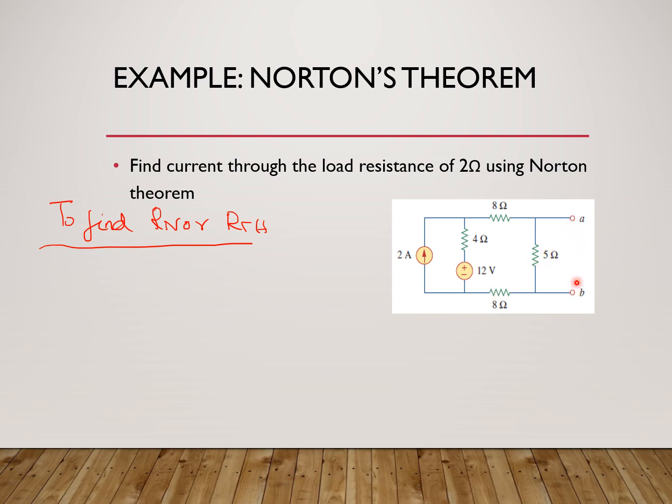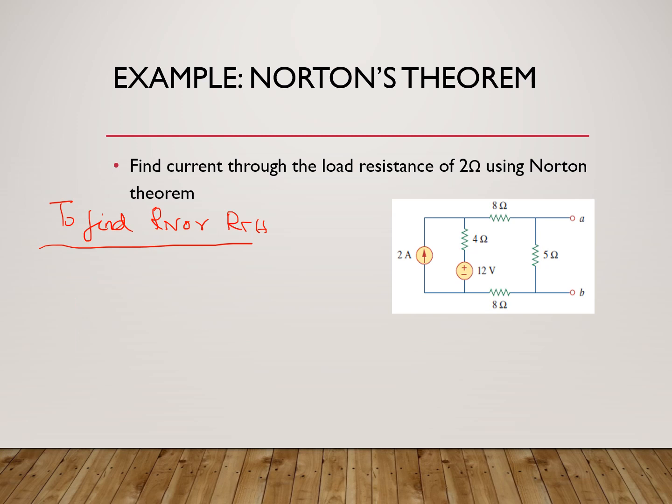These are the load terminals, and here we make all the sources equal to 0. Which means I have to open circuit the current source and short circuit the voltage source, and I'm going to redraw it.